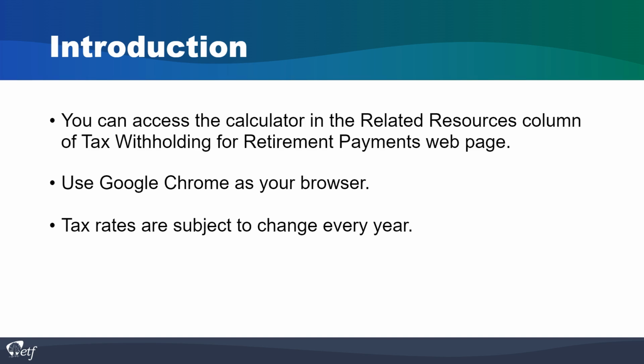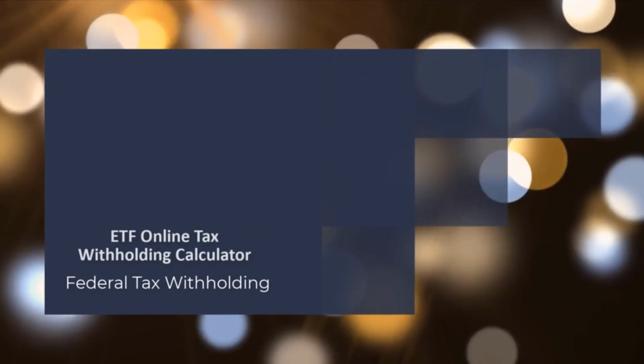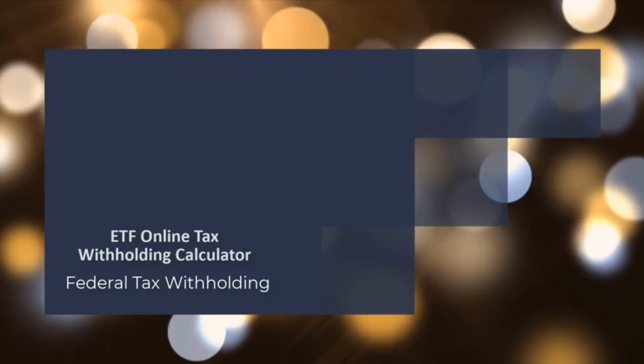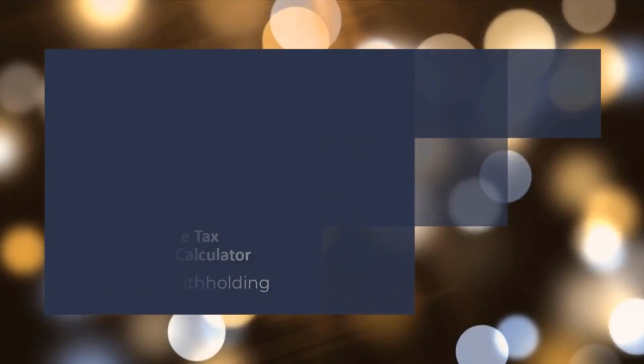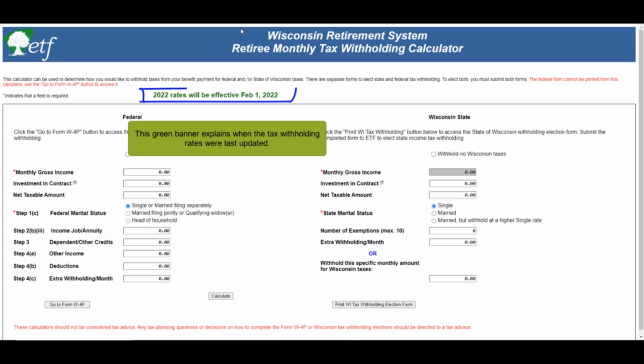Now, let's take a look at the online calculator and what you will see when you first visit the page. The green banner explains when the tax withholding rates were last updated.